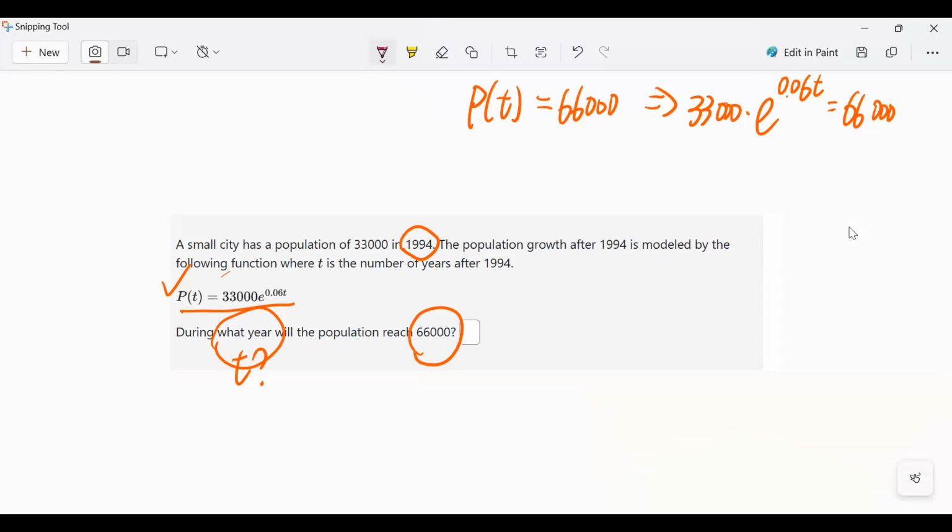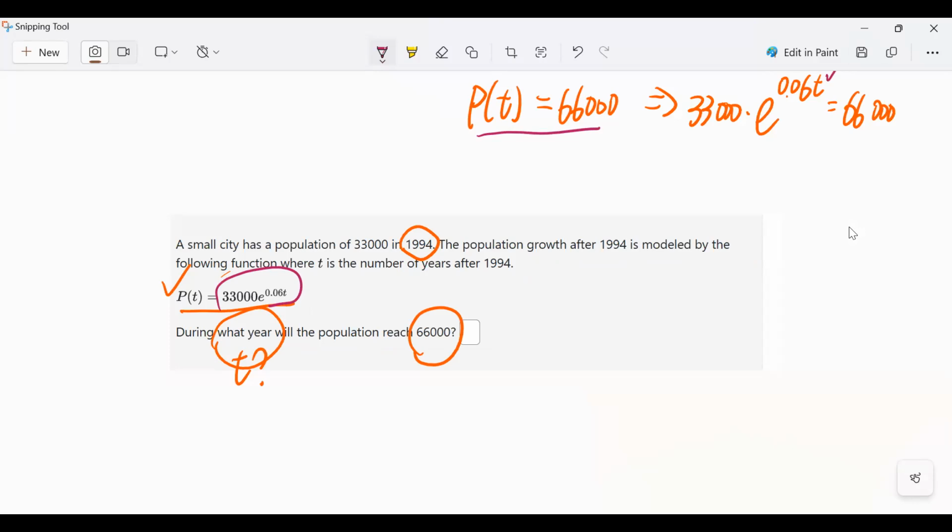So one more time, sure, no problem. P of t, that's the population after a certain number of years at time t, which is 66,000. So the population is modeled by this exponential function, right? 33,000 times e to the 0.06 times t. Now from here we are solving for time t.